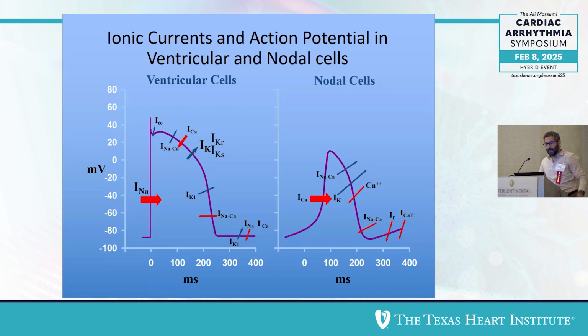So far, so good. Between this phase, where the sodium is coming in and the potassium getting kicked out to repolarize you, you actually have the calcium coming in. This is the calcium that's coming in to give contraction to the heart, to give you the heartbeat.